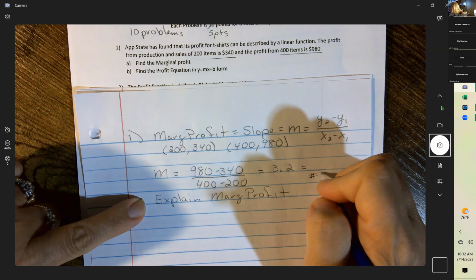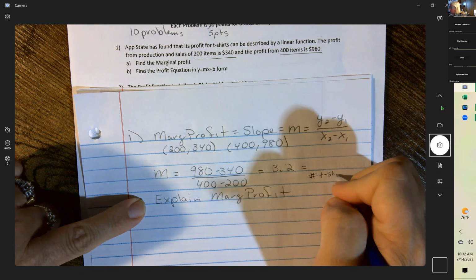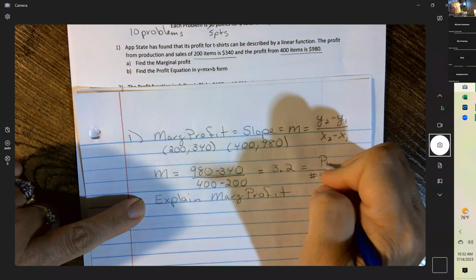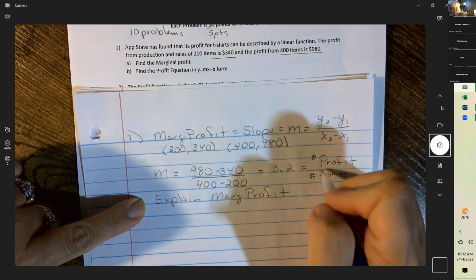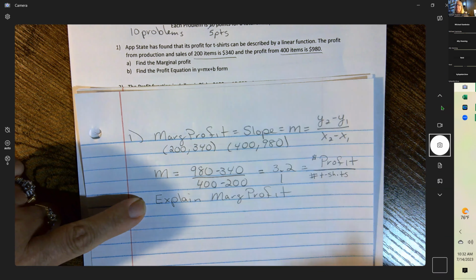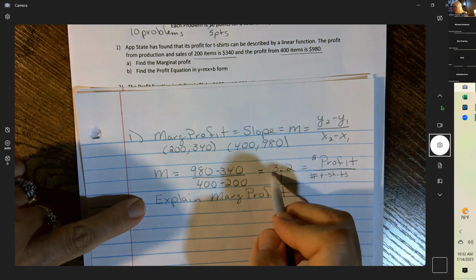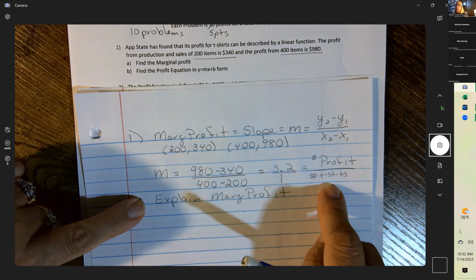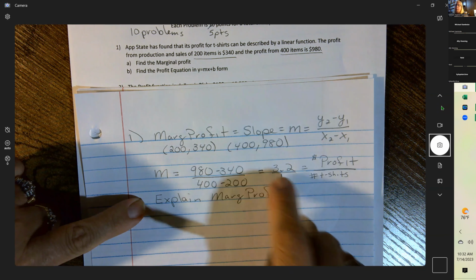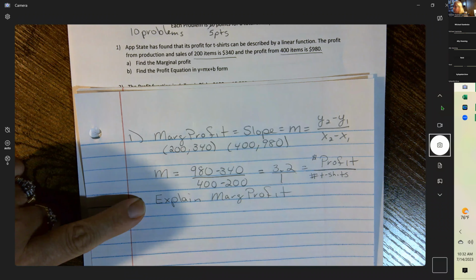Our X value is the number of t-shirts, and Y is profit in dollars. Each additional t-shirt increases profit by $3.20.